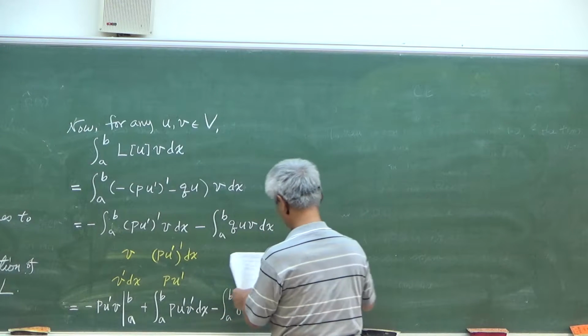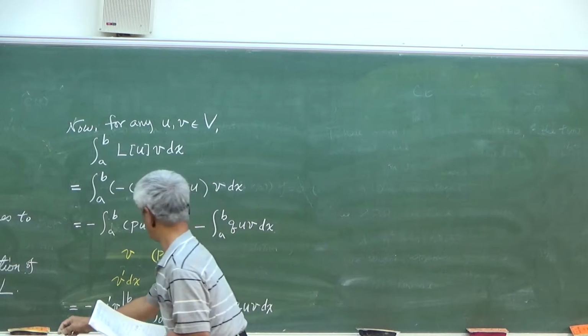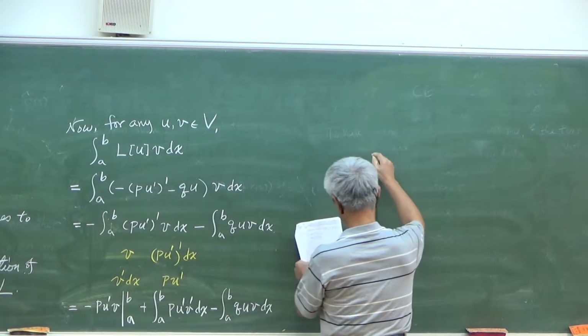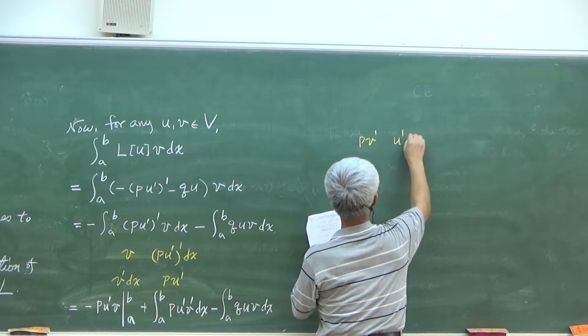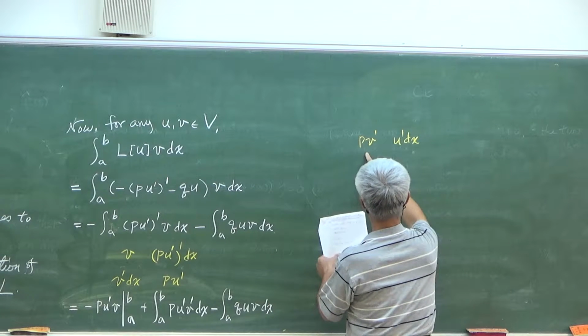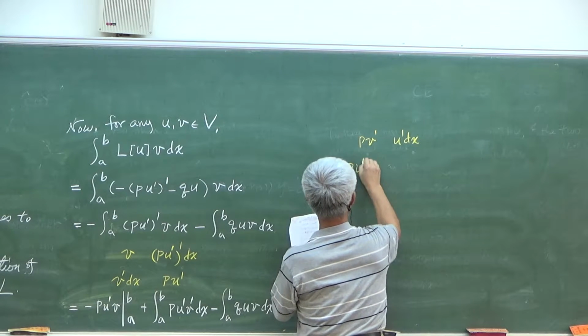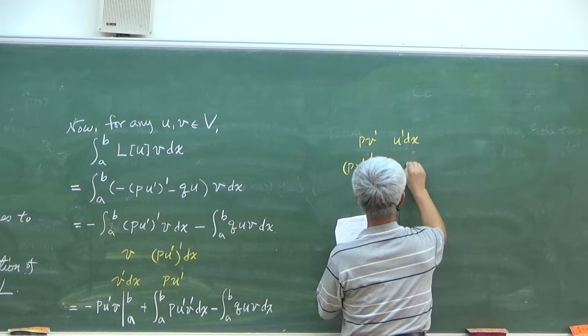Now for here, we do the integration by parts again. So we have p u prime dx, and here is u.